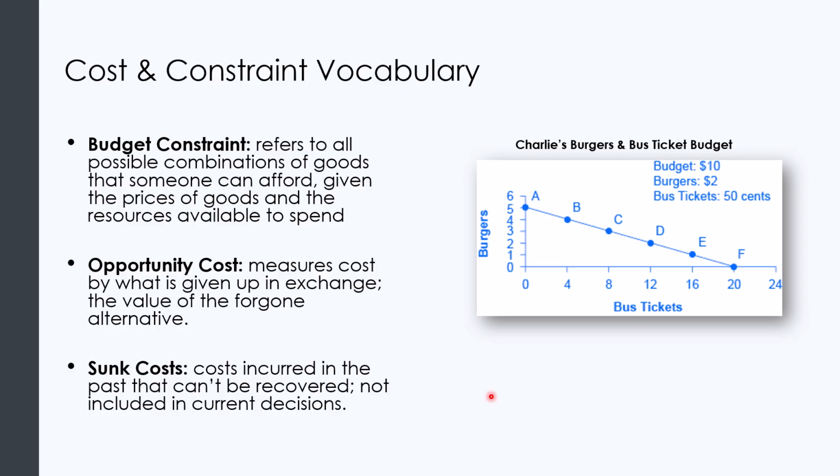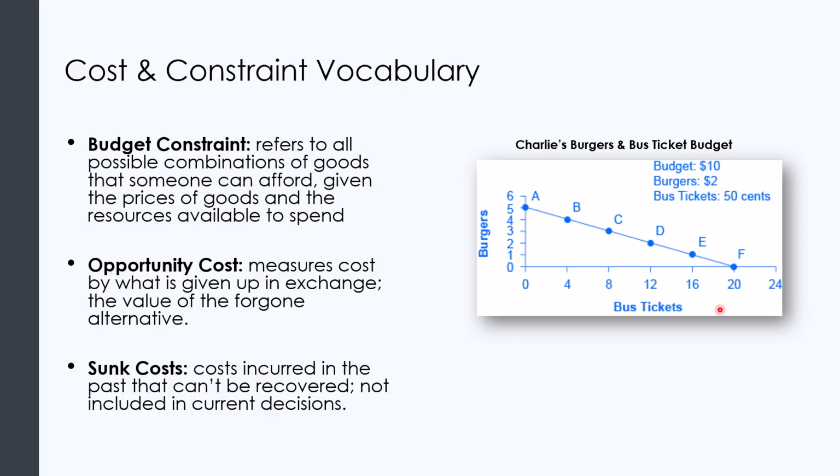What we won't consider, interestingly enough, though, are costs incurred in the past. Choices that we've made previously, which are basically unrecoverable. So this, in our graph, for example, is Charlie's current budget. If he previously had a budget for burgers and bus tickets, that is a sunk cost. He's already spent it. It doesn't matter what he's previously spent on burgers and bus tickets, and we're not going to be thinking about that sunk cost for Charlie.